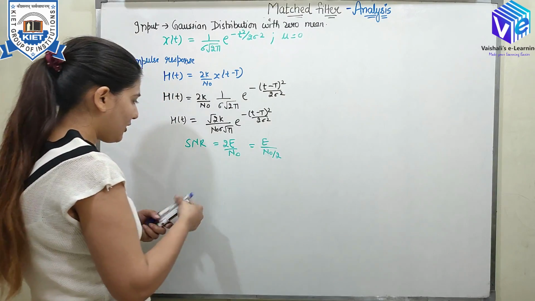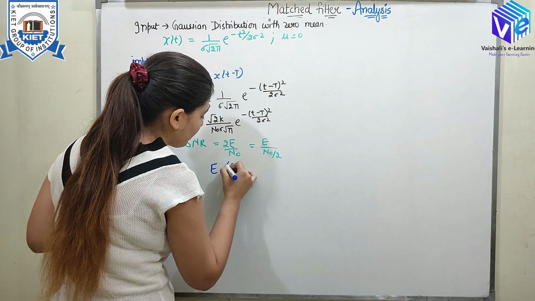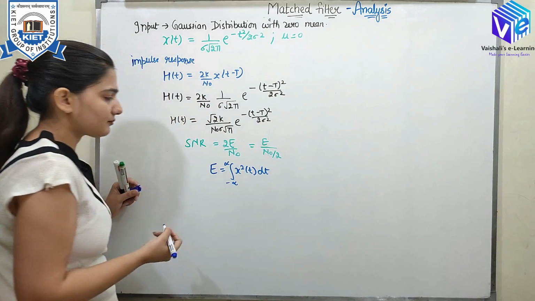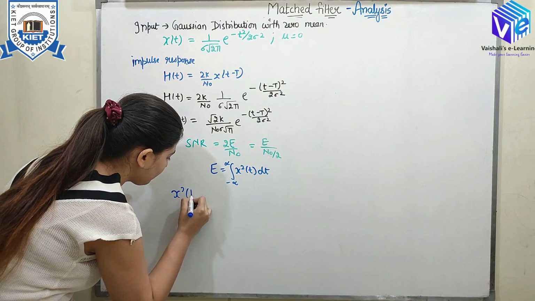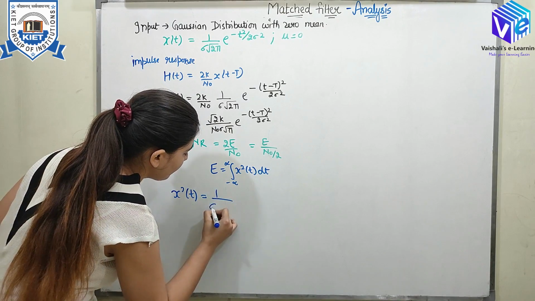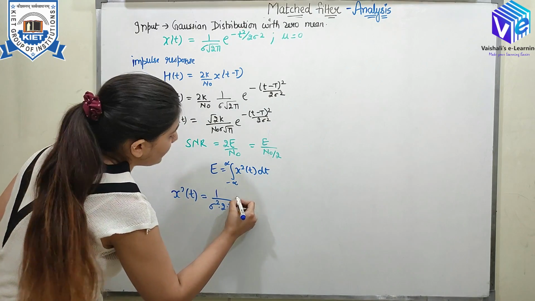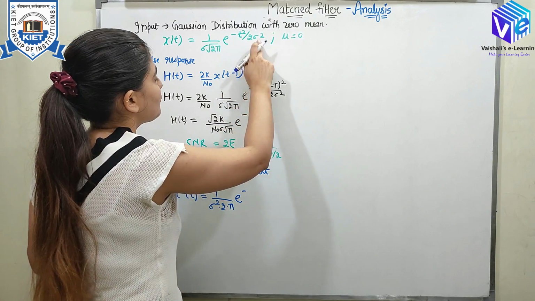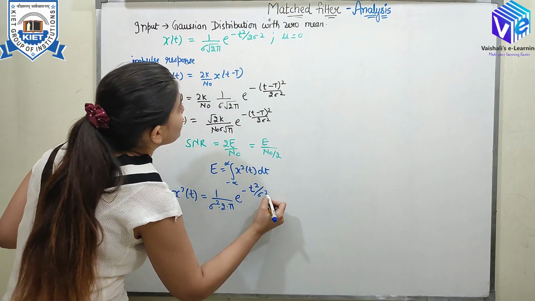E is equal to the integration from minus infinity to infinity of x square t dt. First I need to find out x square t, so it would be 1 upon sigma square into 2 into pi e raised to power minus, now 2t square upon 2 sigma square would be equal to t square upon sigma square.